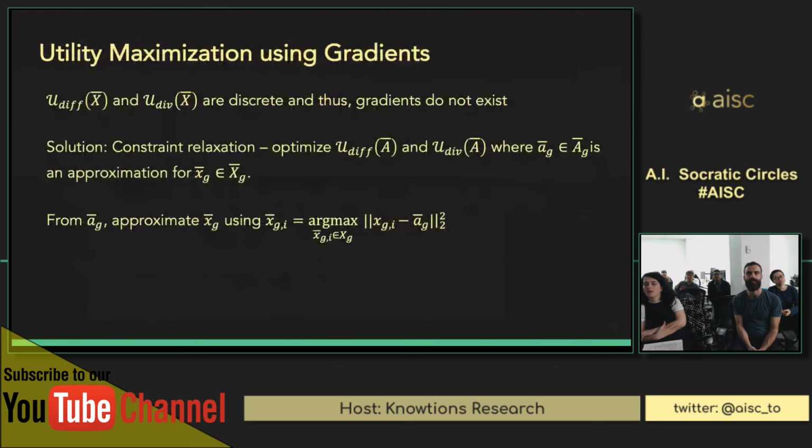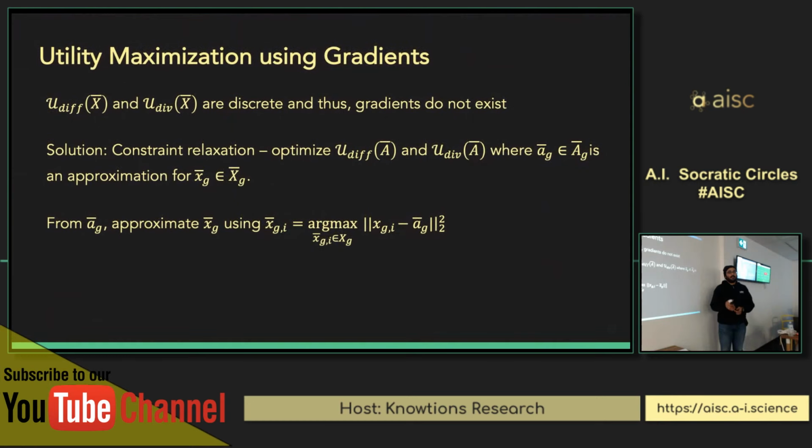Yes. So what we do is we relax that constraint. We say that x, which is a vector representation of the document, is not restricted to just a few elements. We say it's a continuous space. So we calculate the optimal set of prototypes from that space, and then for each of the optimal prototypes we calculate, we find the closest actual document in the set.